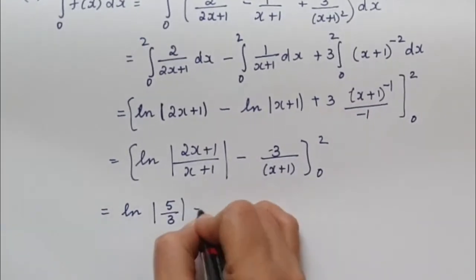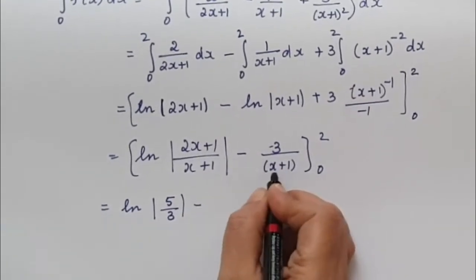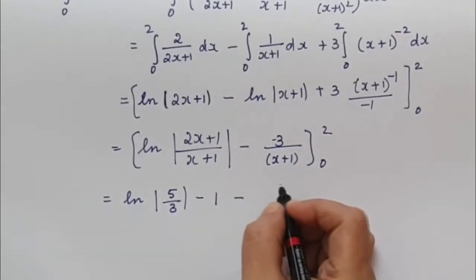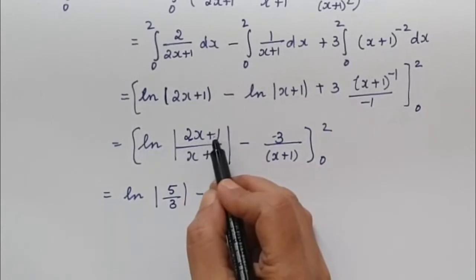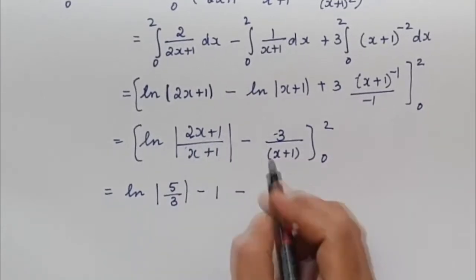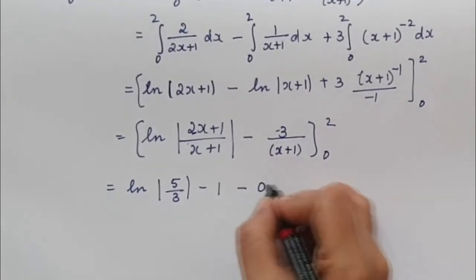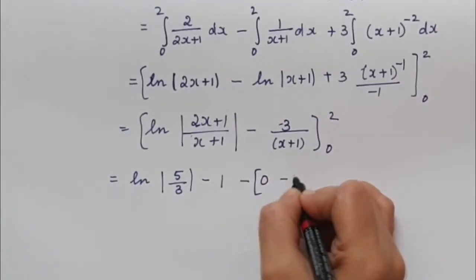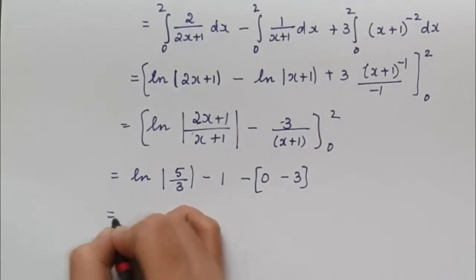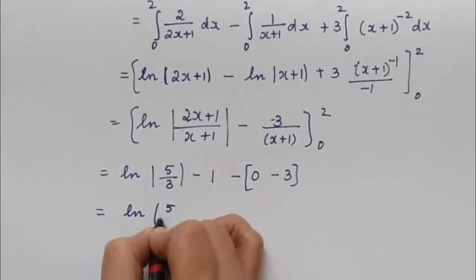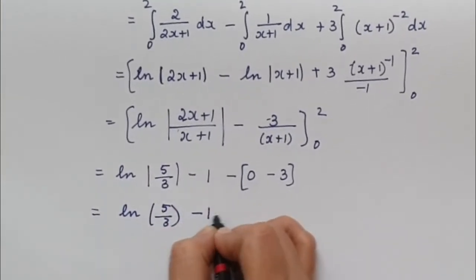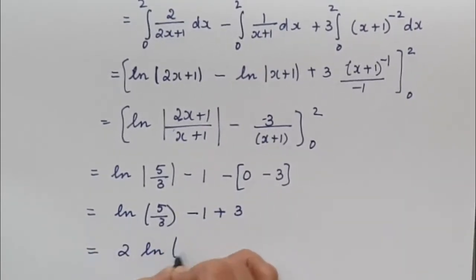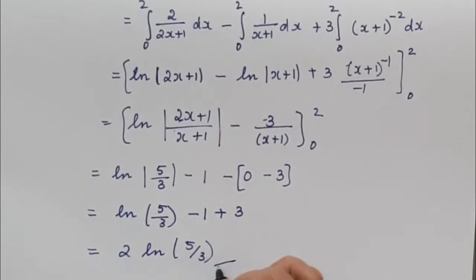And then the upper value, when we substitute, this is 3 over 2 plus 1, 3, so we will get it as 1. Minus the lower value. So it is ln 1, and ln 1 is 0. So 0, and then write this minus of it. And then when we substitute 0, it is a minus 3. So it will be equal to ln of 5 over 3 minus 1 plus 3. So it will be equal to 2 plus ln 5 over 3. So it is proved.